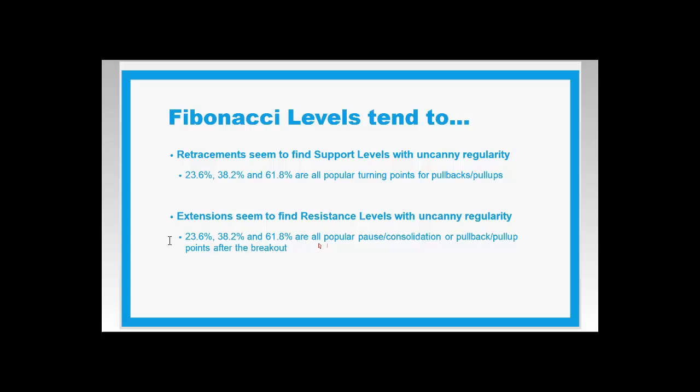So what do Fibonacci levels tend to tell us? Well, as I said earlier, they seem to find support levels on retracements. They seem to find resistance levels on extensions. It's magic to me.